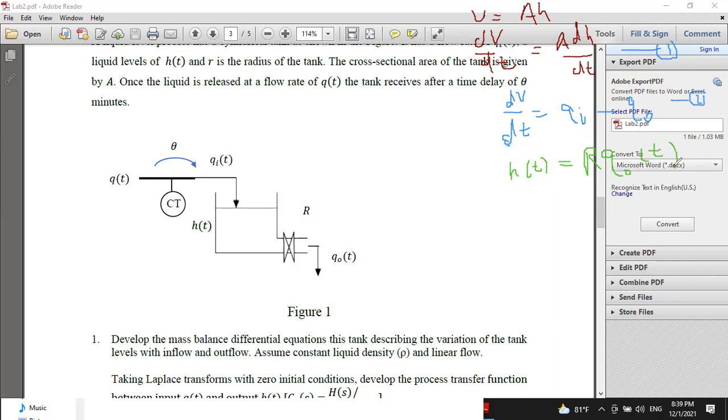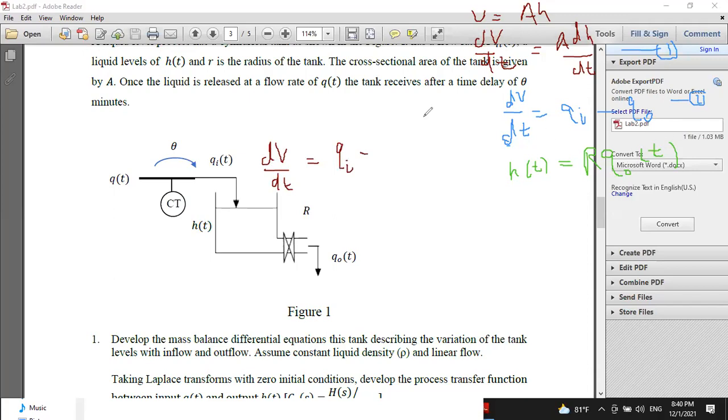So we have 3 equations here. We can write dV over dt equal to Q1 minus, and we can substitute Q naught from here.